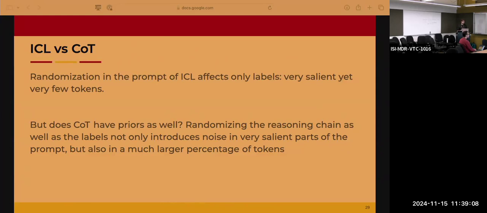However, for chain of thought, randomizing the reasoning chain as well as the label not only introduces noise in salient parts of the prompt, it introduces noise in a very large percentage of the tokens in the prompt. So we ask: is all this randomization going to induce priors in chain of thought as well, or is it going to completely collapse the predictions?